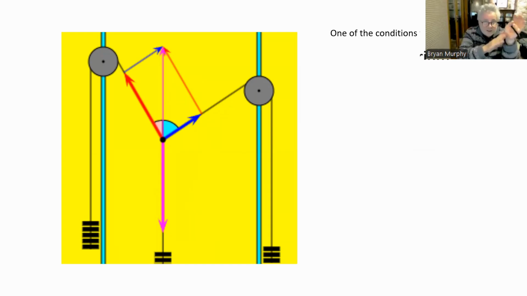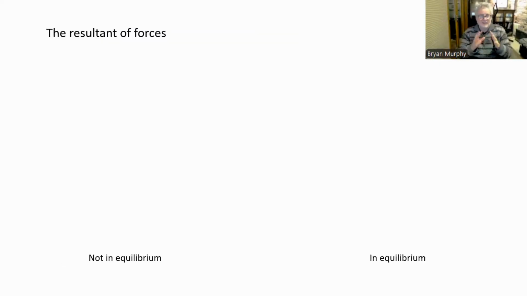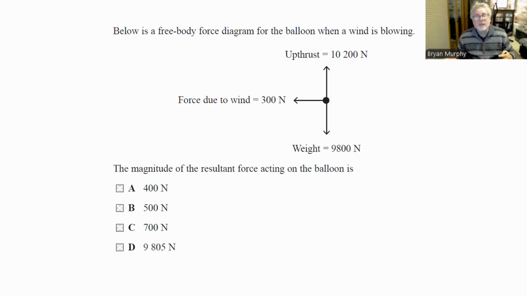So the resultant of the blue and the red one is the pink one. Spookily, the resultant of the pink one and the red one is the blue one, and the resultant of the pink one and the blue one is the red one. It doesn't matter which triangle you use. So that is the resultant. So let's have a look at some questions.